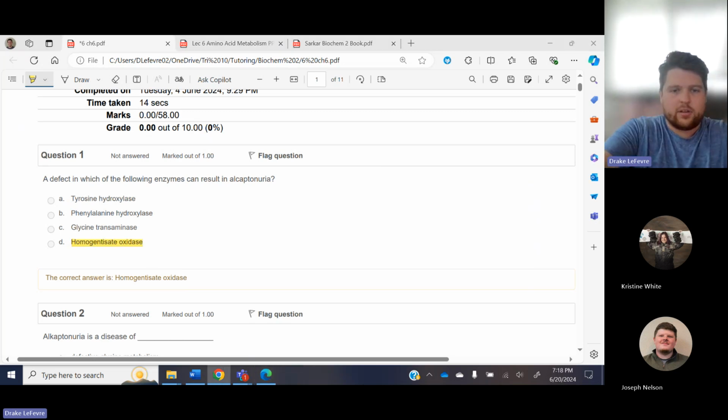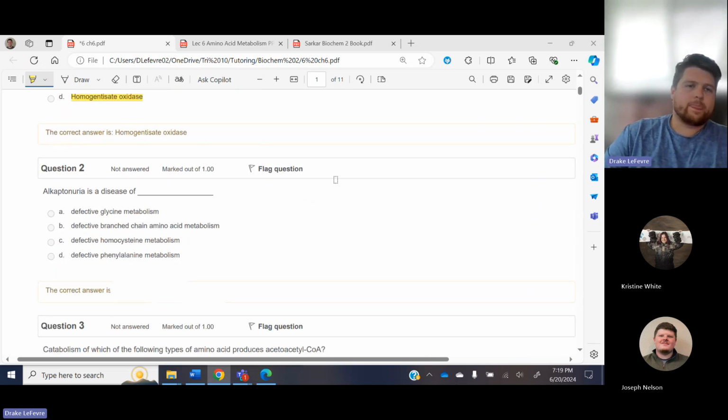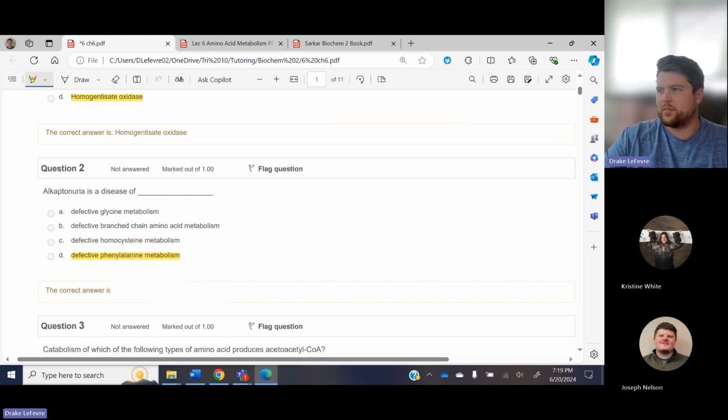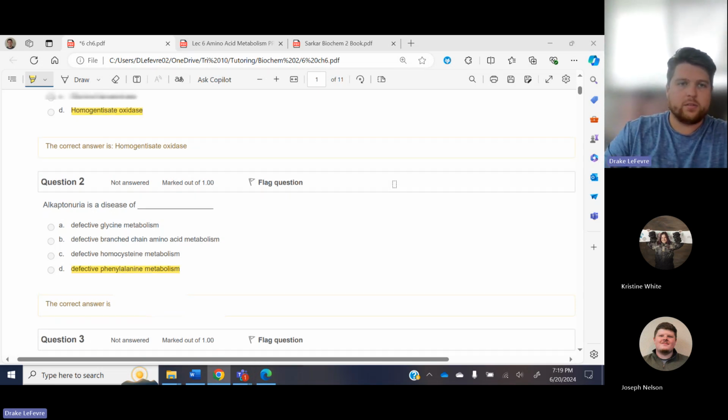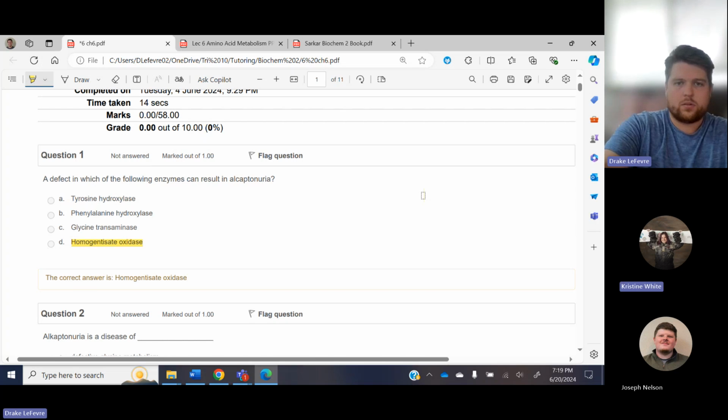Let me actually see if we'll just stick with the individual ones. Here we go, alkaptonuria. This is another one of this. So like I said, you're going to see questions kind of bounce back and forth just like this. Defective phenylalanine metabolism. And this can be fatal for patients.